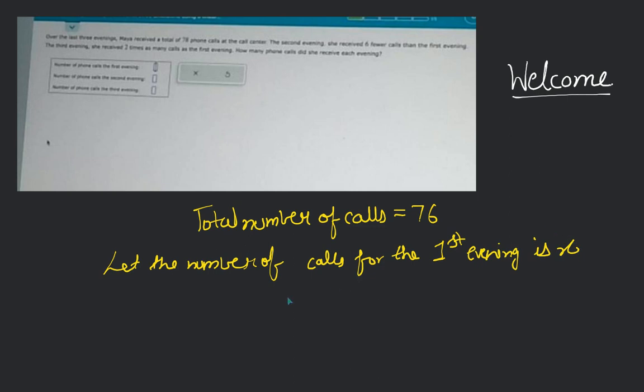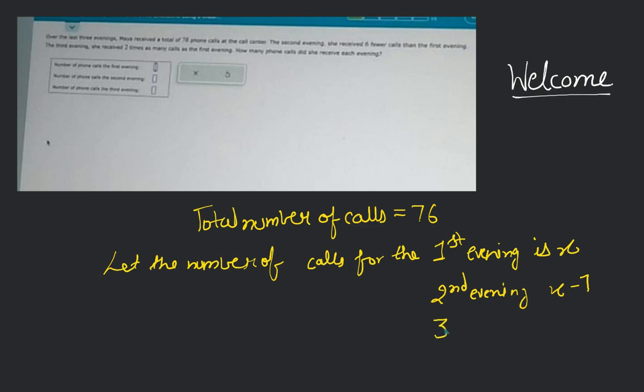Then, according to the condition in the question, the number of calls for the second evening will be, she received six fewer calls, so six less than the number of calls on the first day. So we can write it as x minus 7. Did you get this part? Why is it x minus 7?